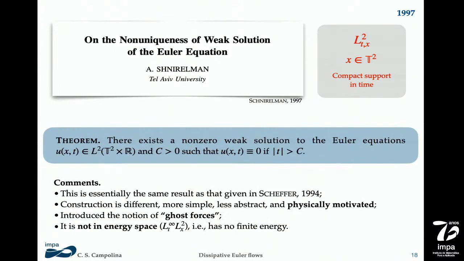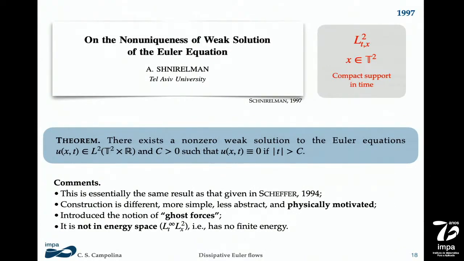The proof of that paper was very, very complicated. And some years later, in '97, Schnirelman obtained essentially the same result, but with a different proof, which is a little bit more physically motivated. So it's in the same space, L2 in t and x. Now, just to get rid of problems of compact support in space, he works in the torus, so you don't need to talk about compact support in space.